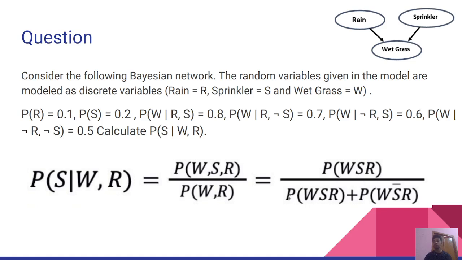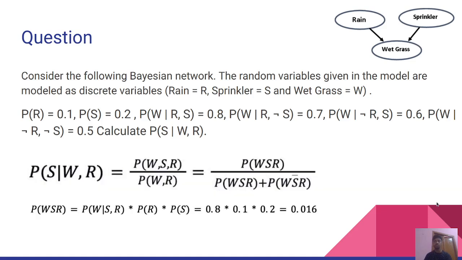So if we calculate these values, W given S, R is W given SR, right? It can be the other way also, S given WR, R given WS, whatever. They are the same. So W given SR into P of R and P of S, it is 0.016.